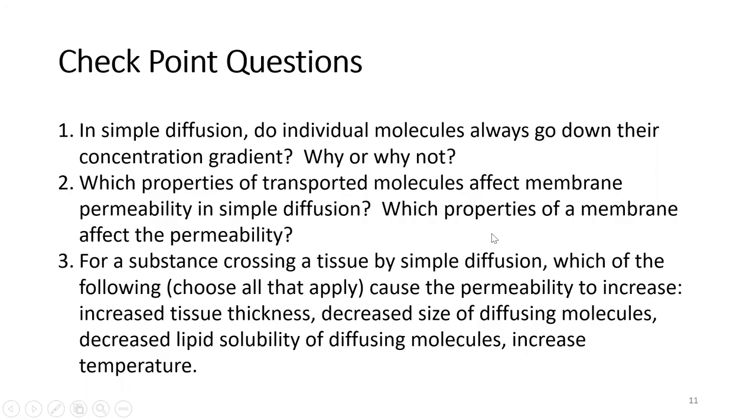Which properties of a membrane affect the permeability? So this is about the membrane and not the particle. The properties of the membrane are going to be thin. So we said that a membrane that is thinner, obviously less stuff to get through, is going to have an increased permeability. The membrane should also have a large enough surface area exposed to increase the permeability.